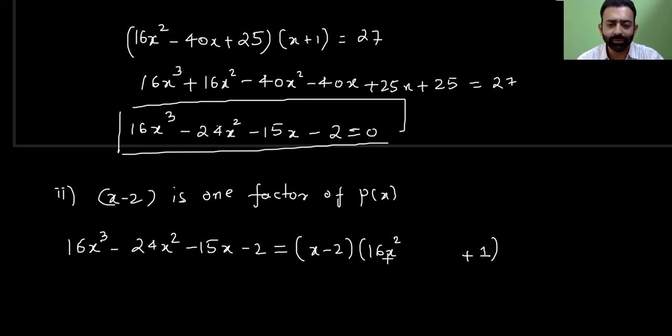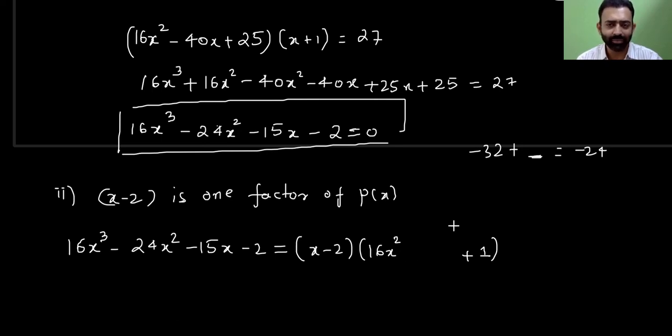I will get x square first by multiplying this 16x square with this constant. Answer is minus 32, right? It is minus 24. That means you have to add some x square to this. How many x square do you need to add to minus 32 to get minus 24? Answer is plus 8. So you have to add 8x square to this, right?